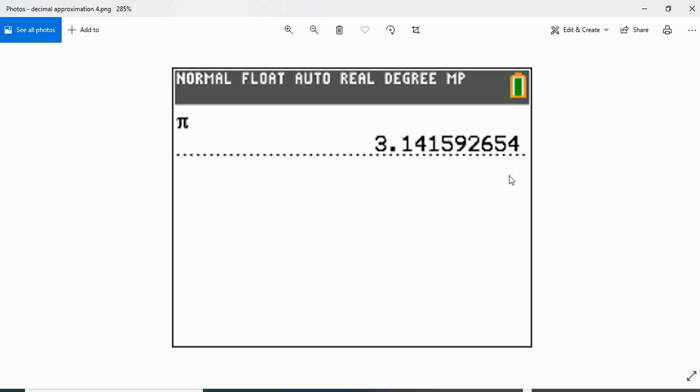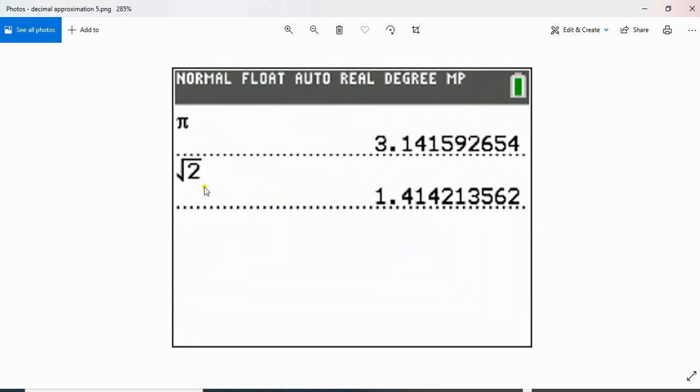Actually, what's happening is this particular calculator I'm using only has a float level of 9 digits to the right of the decimal point. So really what it's doing here is rounding off to that 9th decimal point. This is not an exact representation of pi, and as I said, in math, what we like to do is write exact answers instead of decimal approximations.